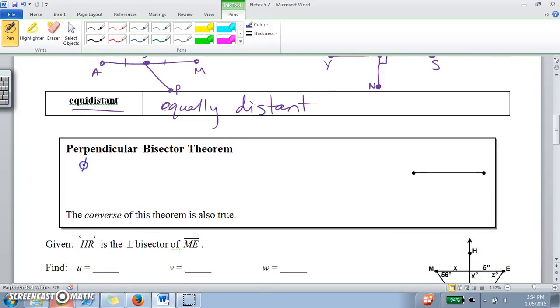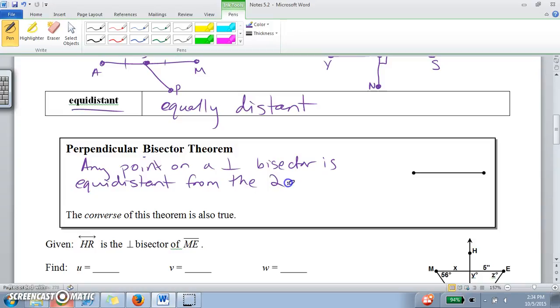Perpendicular bisector theorem says any point on a perpendicular bisector is equidistant from the two endpoints. Okay, so here I've got a segment with two endpoints. So if I have a perpendicular bisector, we'll say this is my perpendicular bisector of this segment.